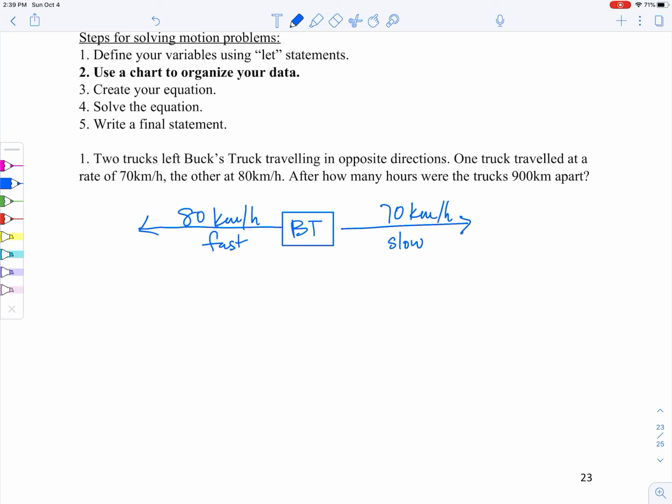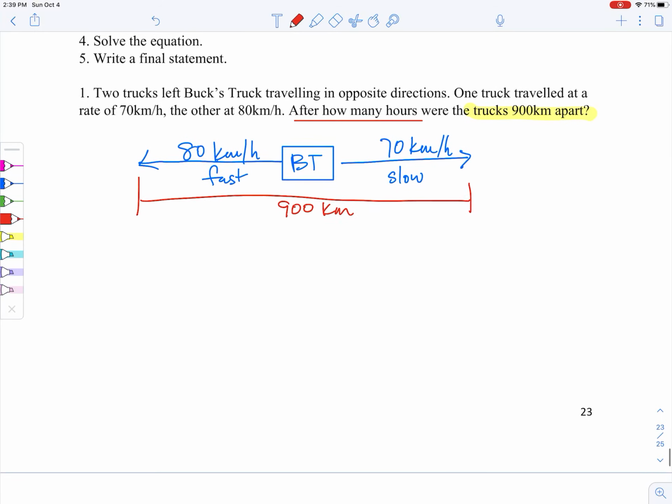After how many hours means we're going to be solving for time. And we know that after all that time, the trucks are 900 kilometers apart. So if we were to look at the total distance, we don't know how long they've gone, but we know that they are 900 kilometers apart at the end.